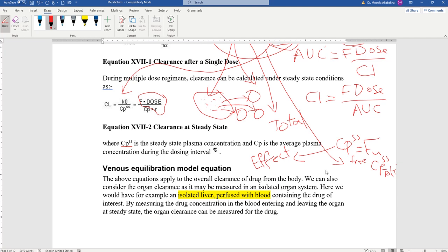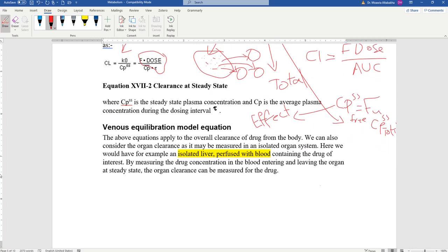Now you have to think, if we say this is the organ, this is the liver, blood comes in with a flow rate, for example, let's say 1450 ml per minute, and we will call it Q. The concentration in the artery is Ca, and the concentration decreases when it goes to the veins, we will call it Cv.